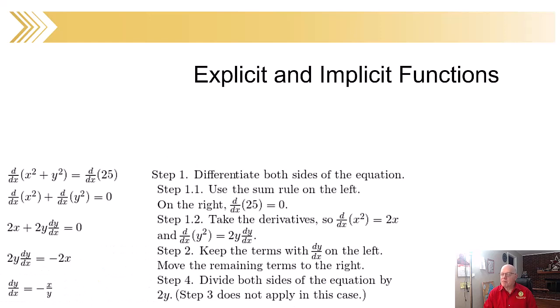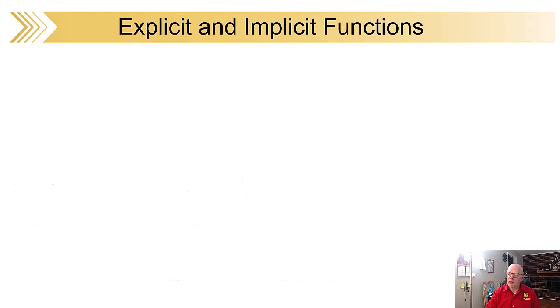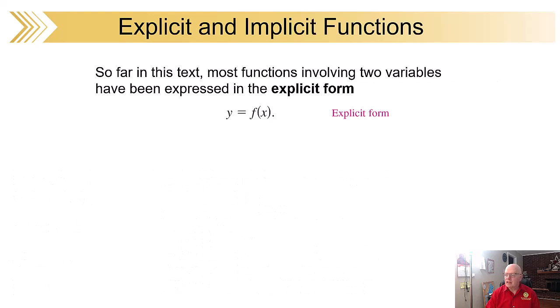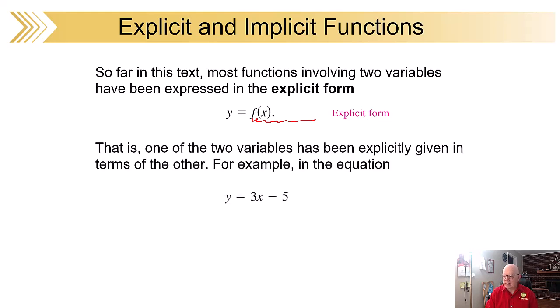Here's another example with the 25 there, and an example of how it's done. We'll talk about that real quickly. So this is the explicit form where y equals, and then what you've got on the right hand side is some expression using x.